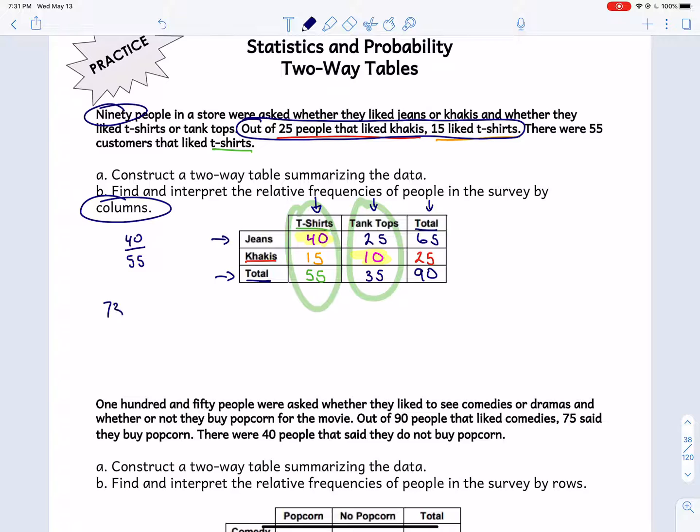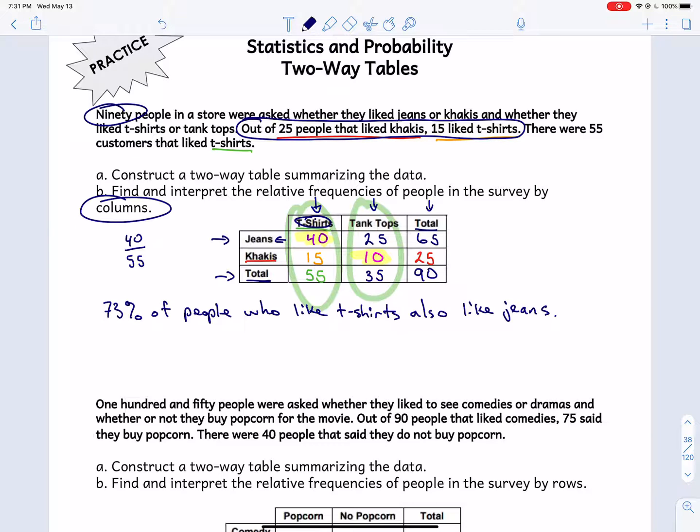So 73% of people who like, and we have to list this first, who like t-shirts, also, and that corresponds with this one, jeans, also like jeans.